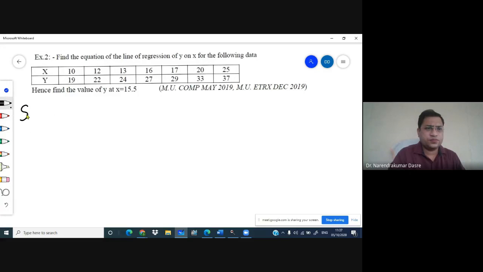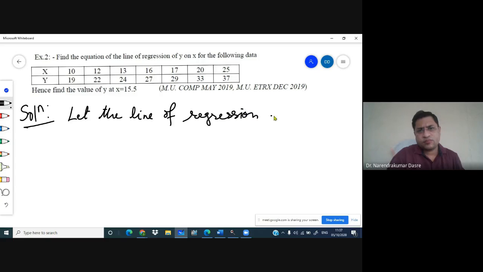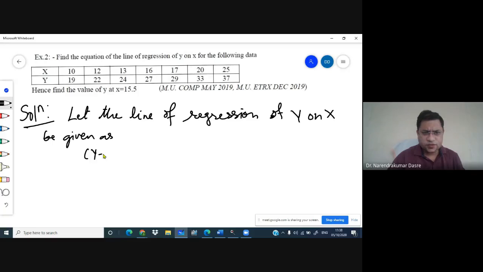Okay, so we can write that the line of regression of y on x is given as: y minus y bar is equal to byx times x minus x bar.